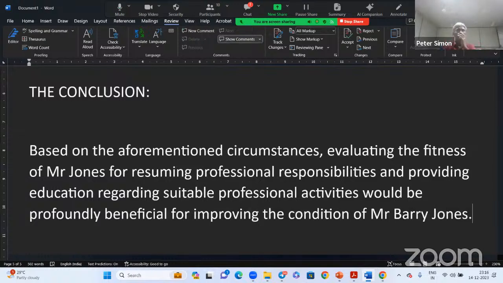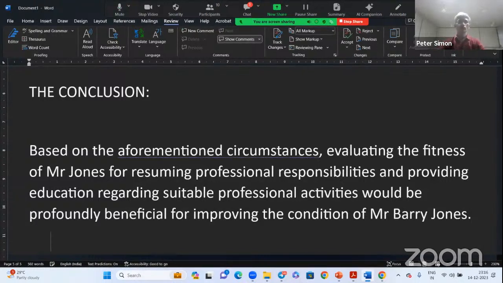Okay, so that's it. So two sentences. This is the first sentence.